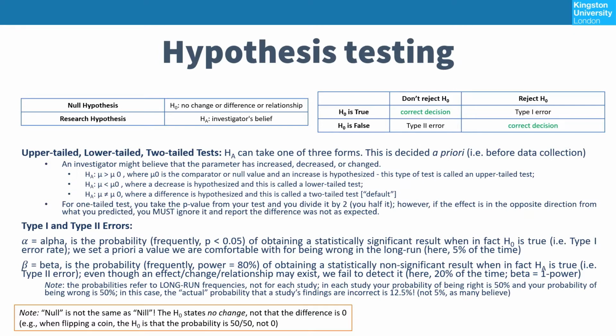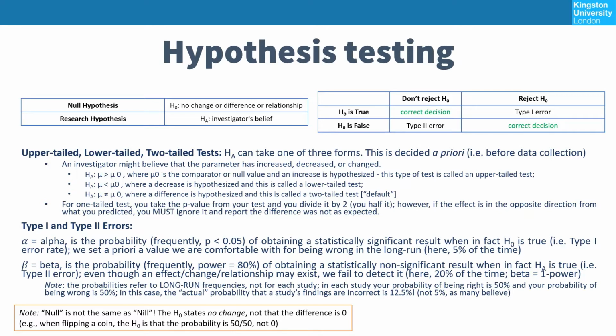So this means that we set a value that we are comfortable with being wrong in the long run. So in this case, it might be 5%. So we are basically saying that we are comfortable with a 5% likelihood of being wrong in the long run with the type of test that we run, even if in reality an effect does exist between two conditions.